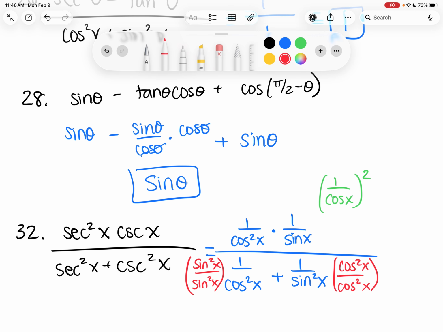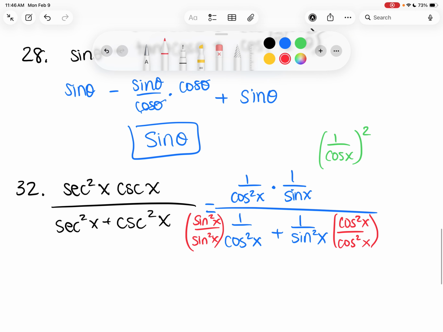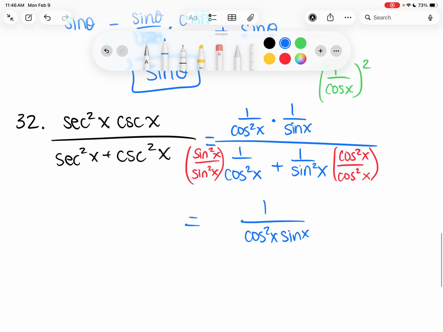Anyways, now on top I have 1 over cosine squared of x times sine of x, all over the bottom, where the denominator is a common denominator. That's sine squared times cosine squared on the bottom.